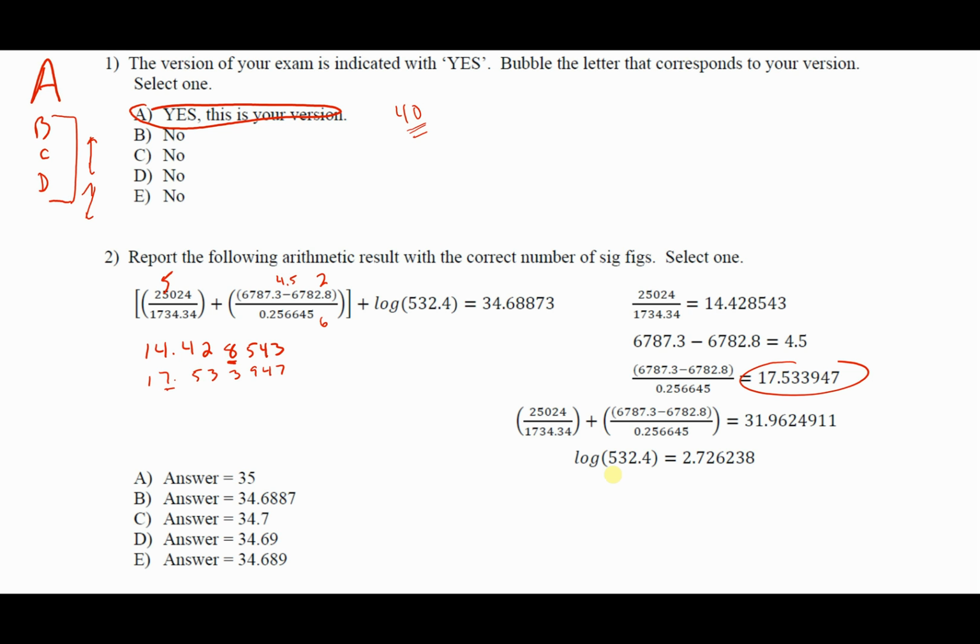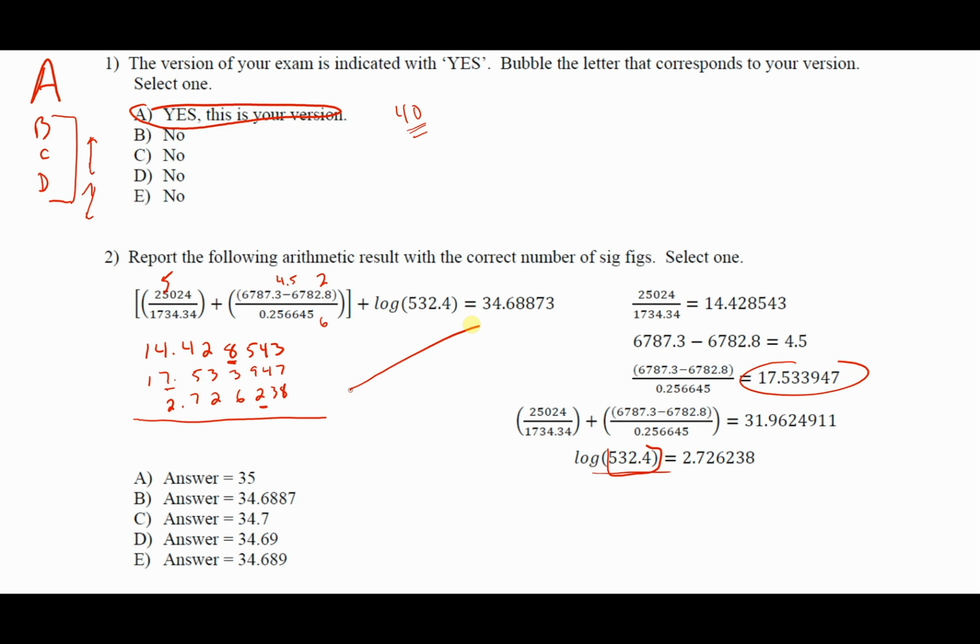And lastly, the log of 532.4, which is 2.726238. And we have 4 numbers, so 1, 2, 3 are significant figures there.